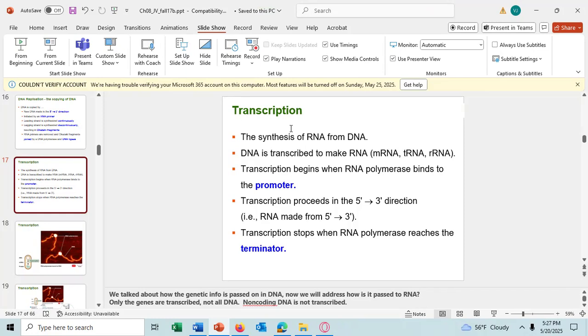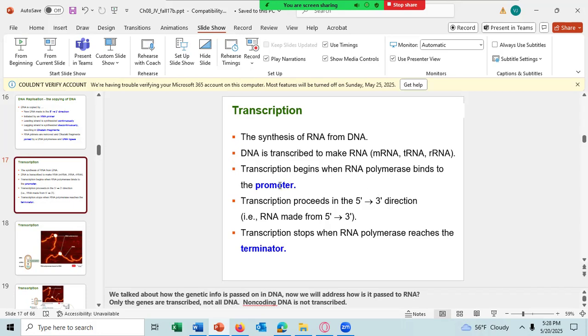Transcription begins when the RNA polymerase binds to the promoter. A promoter is a region upstream of the gene that codes for the RNA polymerase to bind here. So the RNA polymerase binds to the promoter, a region of the DNA upstream of the gene.